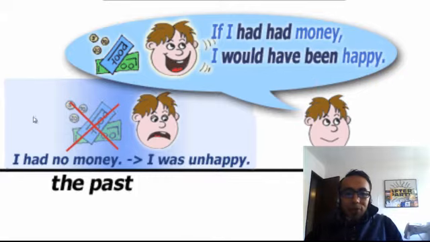So this is something that happened in the past, but now probably you have a bicycle and probably now you are happy. So this is only something that occurred in the past, and probably there is no current consequence. Yes, so let's have a look at this example.